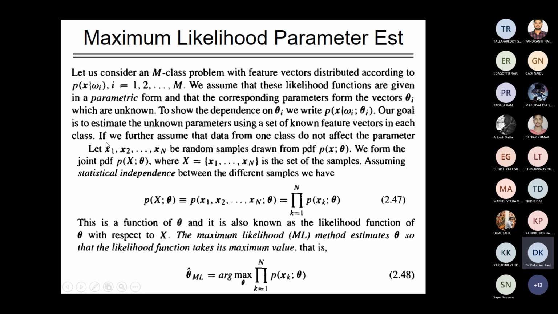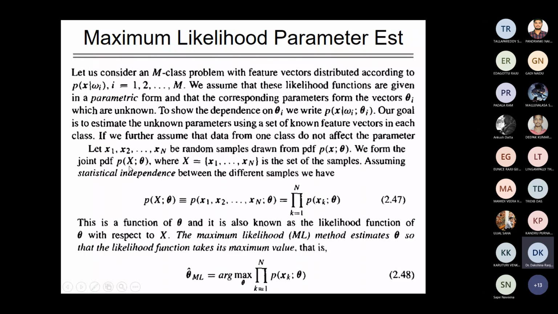If we further assume that data from one class do not affect the parameters of the other class, then we can say that x1 to xn are random samples drawn from the probability density function p of x parameterized by theta, and here we form the joint probability distribution function p of capital X parameterized by theta.